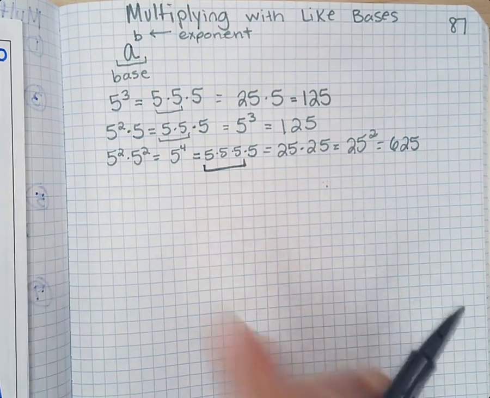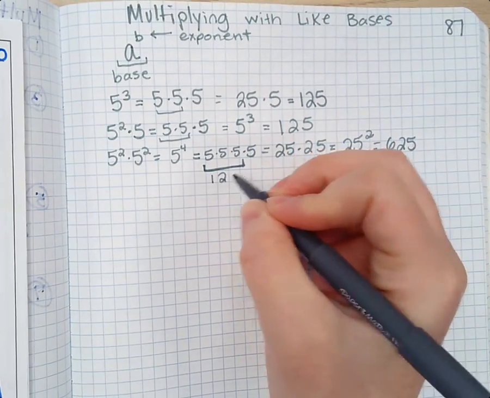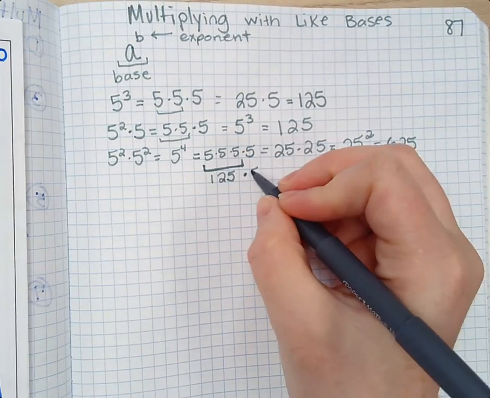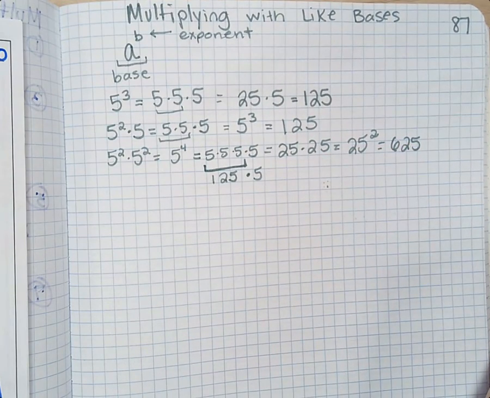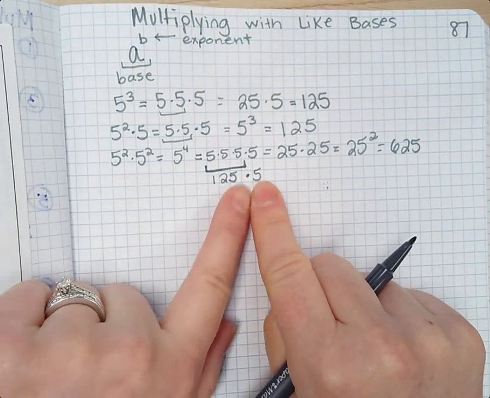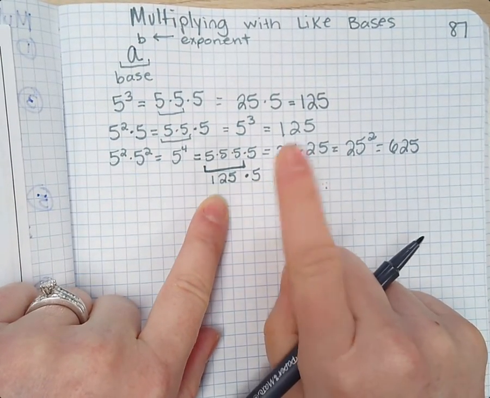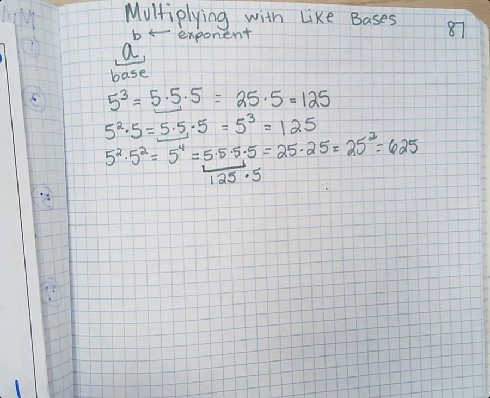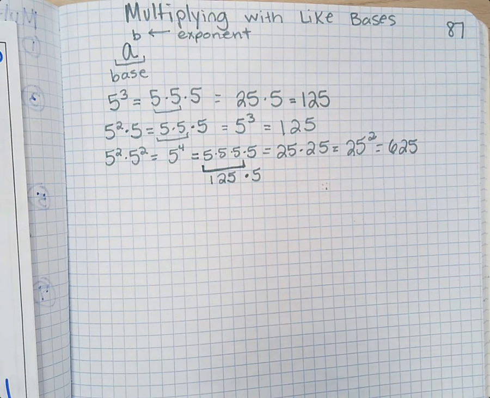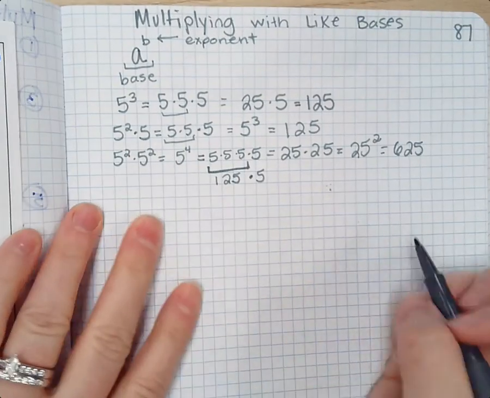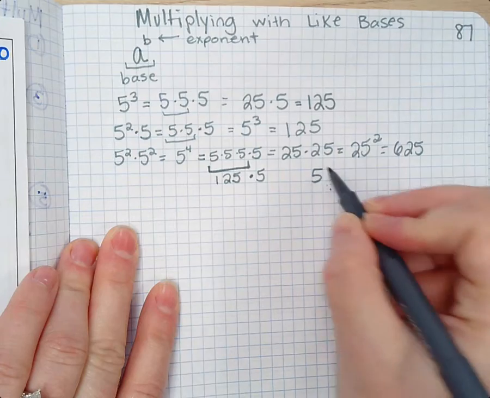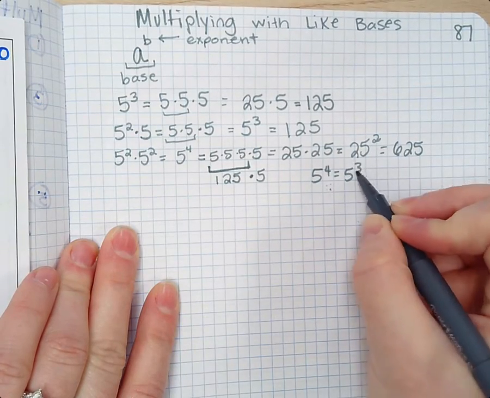What was that? 125. And then times another 5, which I think about as 5 times 100, which is 500, and then 5 times 25, 125. Add 500 and 125 is 625. That's just a way to do mental math. So then we could actually think about this 5 to the fourth as 5 to the third times another 5.